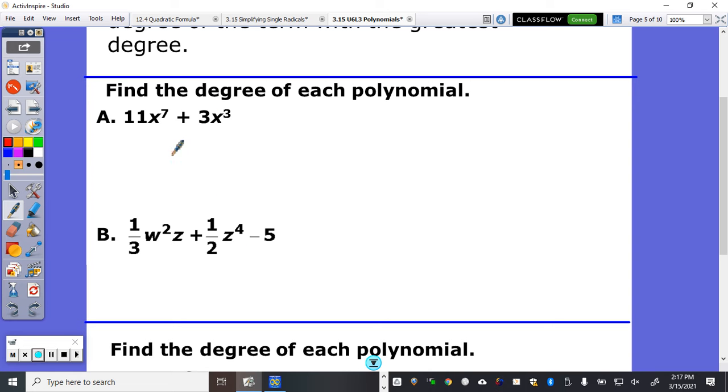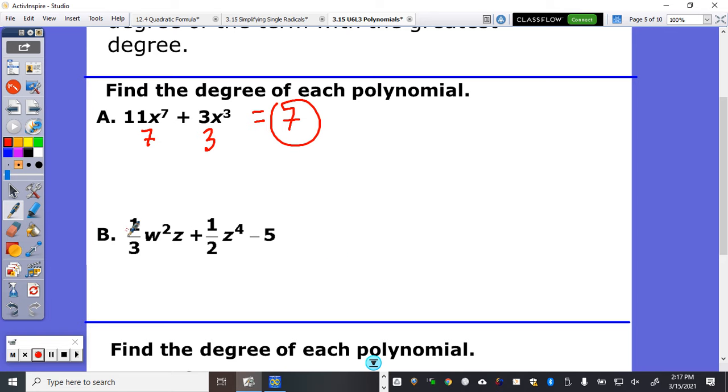So for instance, if I look at this one right here, this has a degree of what? 7. This has a degree of 3. I'm going with the larger number, so the degree of that polynomial is 7. We want to go with the highest degree.